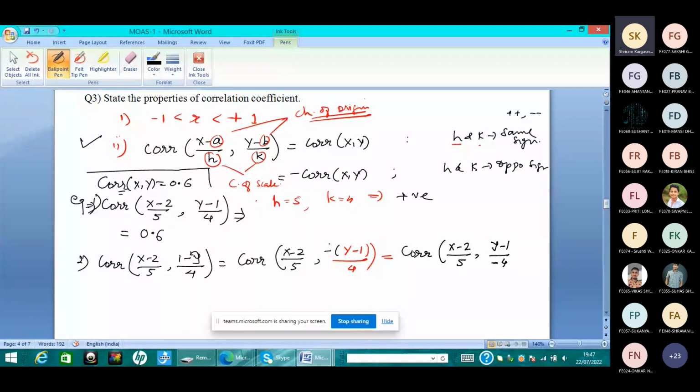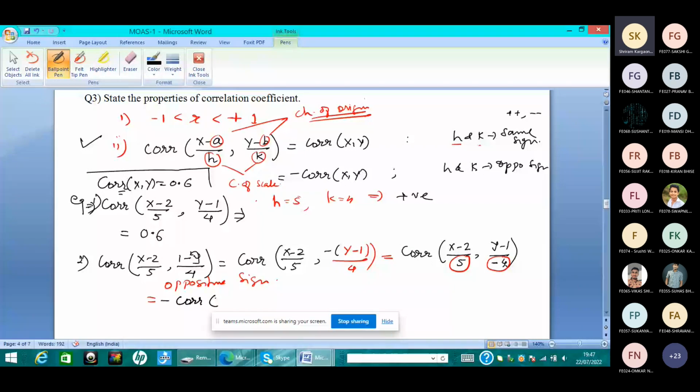What I noticed is that the change of scale constants, 5 and minus 4, have opposite signs. Therefore I should put a minus sign directly here, and mention that it is minus the correlation between XY. That's it, you have to do nothing.